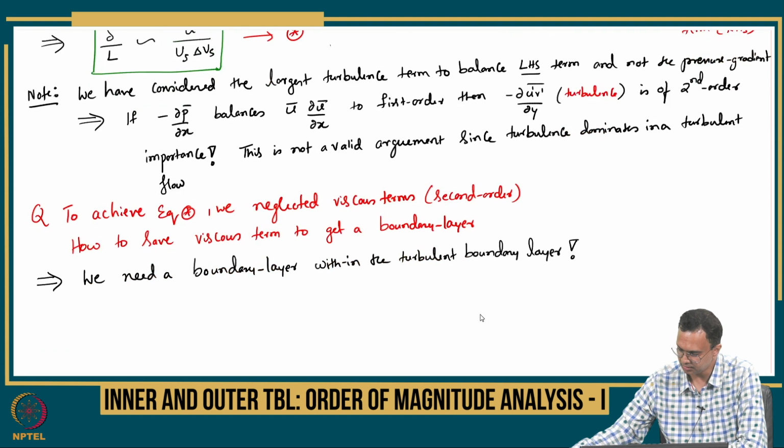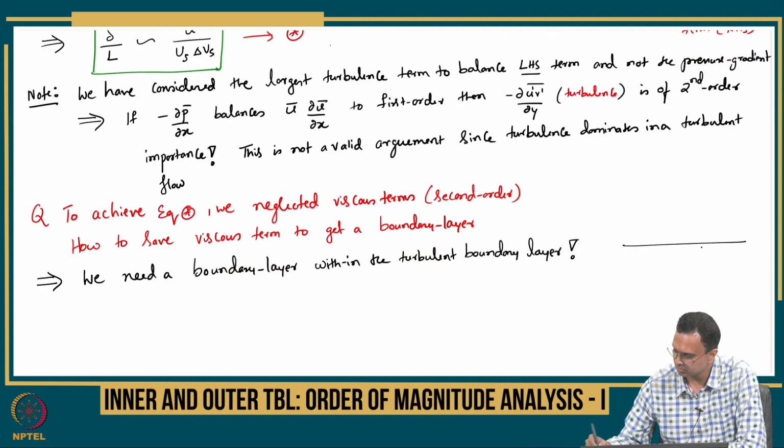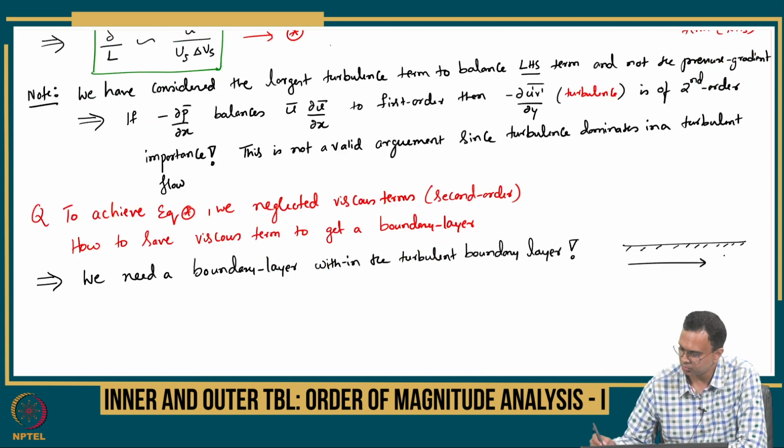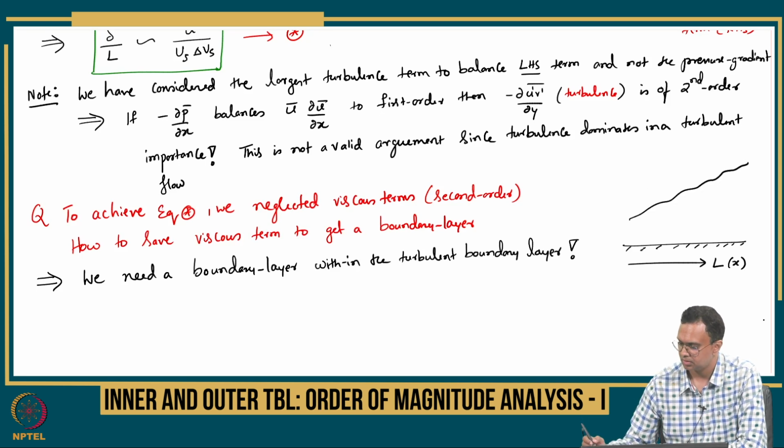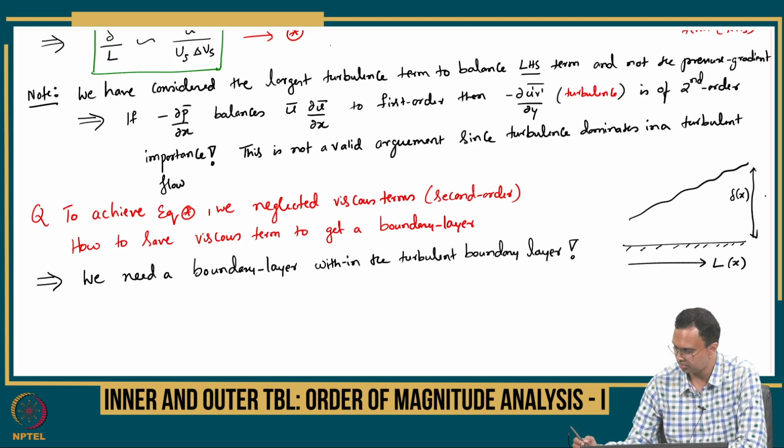So if I do a schematic diagram, let's say we already chose a scale L of x, and then we had a boundary layer growth, right? So we said this is our delta of x, the turbulent boundary layer thickness.